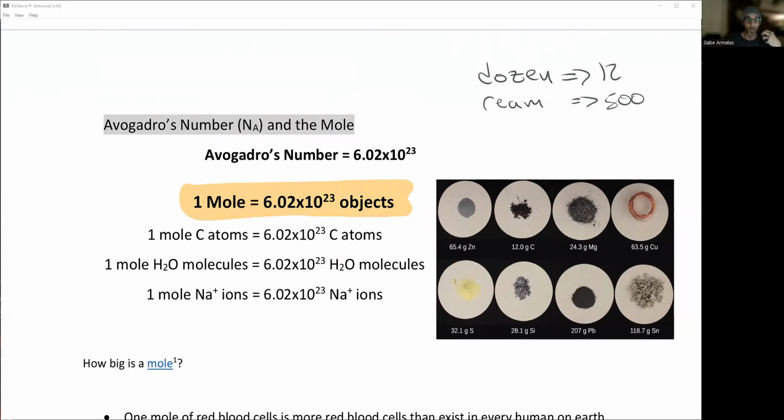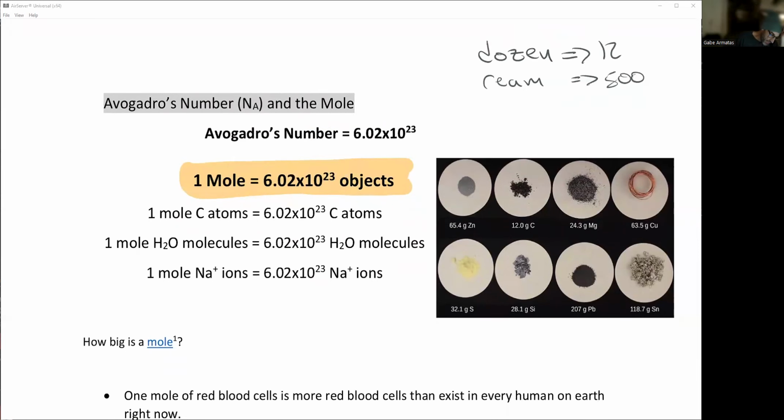Smaller is good. Our brains work better when we're dealing with numbers that are reasonable, right? 6.02 times 10 to the 23rd, that's hard to fathom. So the objects part of this is basically 1 mole of carbon atoms. The carbon atoms part is what we're actually talking about. 1 mole of carbon atoms is equal to 6.02 times 10 to the 23rd carbon atoms. 1 mole of water molecules is 6.02 times 10 to the 23rd.